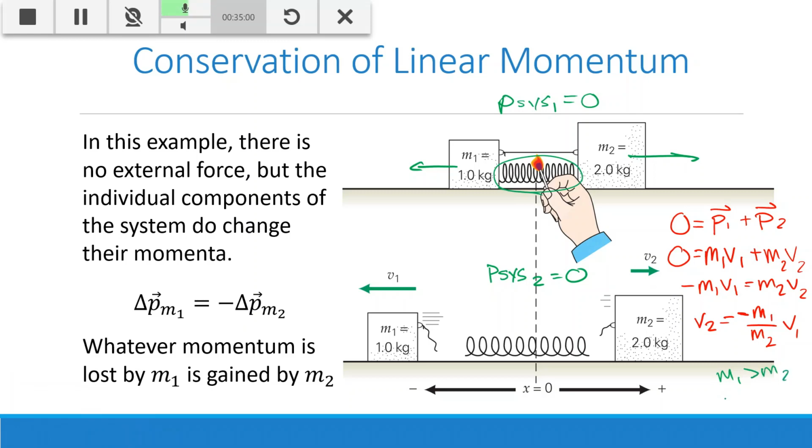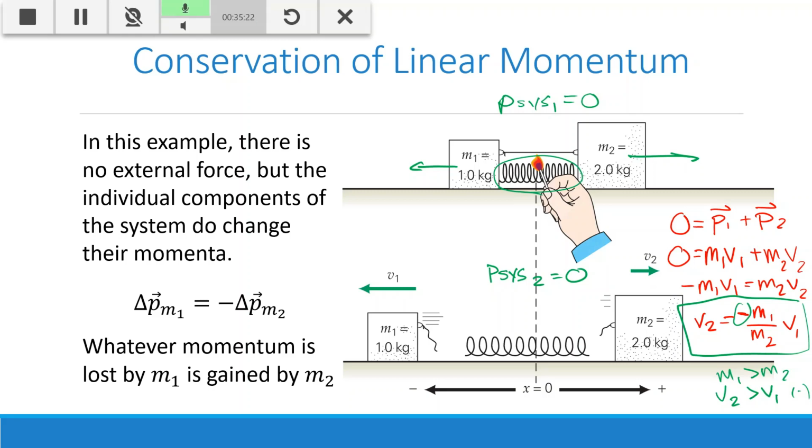So I could see here that if m1 is larger than m2, then v2 must be larger than v1, and it must also be in the opposite direction, because the negative here really just means opposite. So if you know the masses, it would allow you to figure out at least the ratio of velocities.